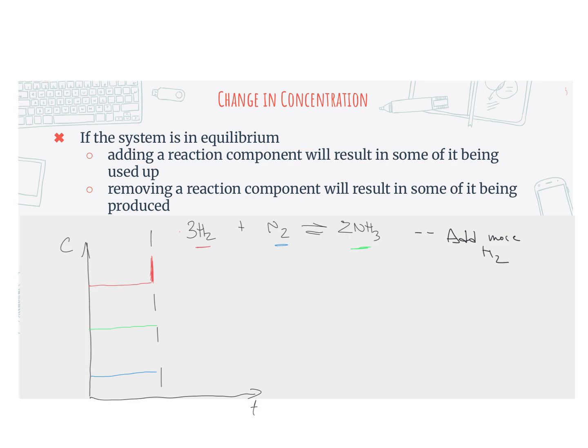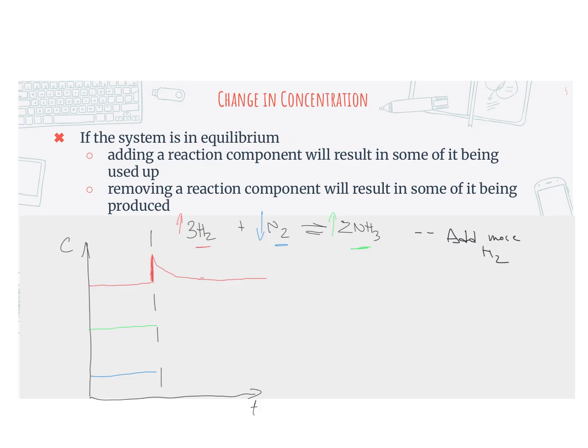Since I've added a whole bunch of this, I'm going to have to react some of this, and so my N2 will go down. And as a result, my NH3 will go up. And so I have this initial spike of H2, and because I want to continue to react and reestablish my equilibrium, it's slowly going to react until it reaches equilibrium again.